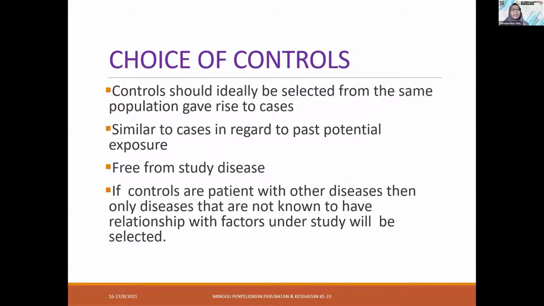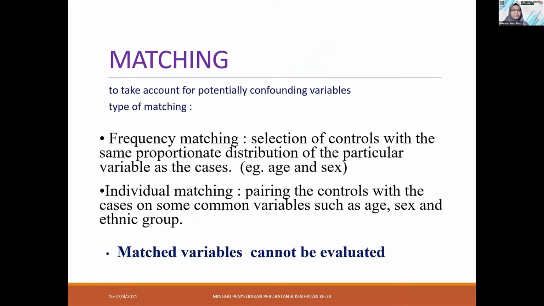That's why in the case control, we need to compare the case and control characteristics. And the controls must be free from the study disease. If the controls are patients with other diseases, then only diseases that are not known to have a relationship with the factors under study will be selected. That's why in the case control, the inclusion and exclusion criteria are critical, to really show there is no bias in selecting the controls.